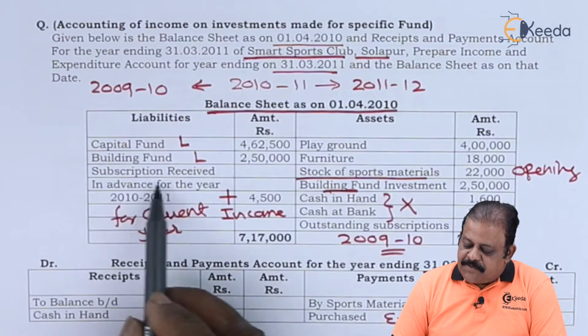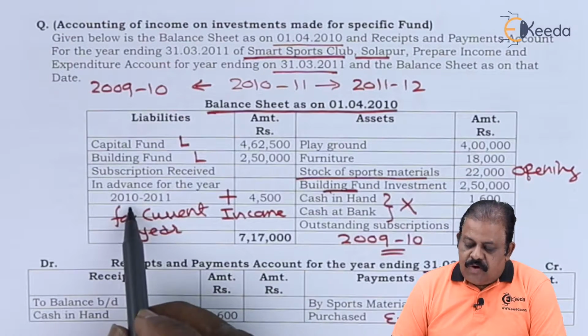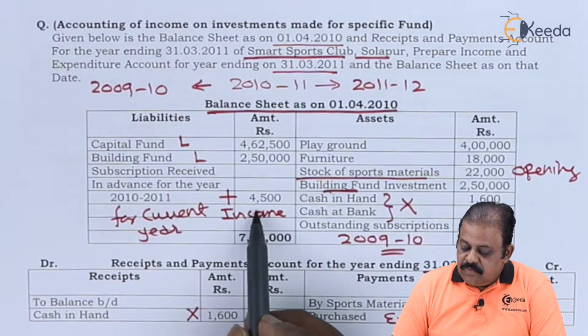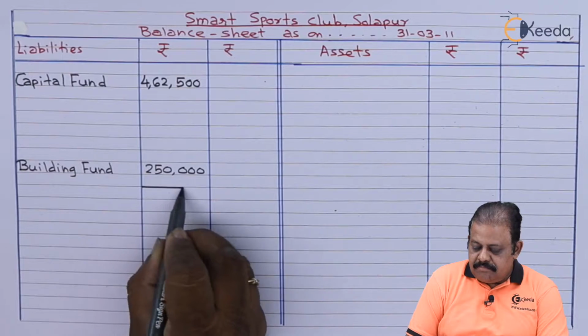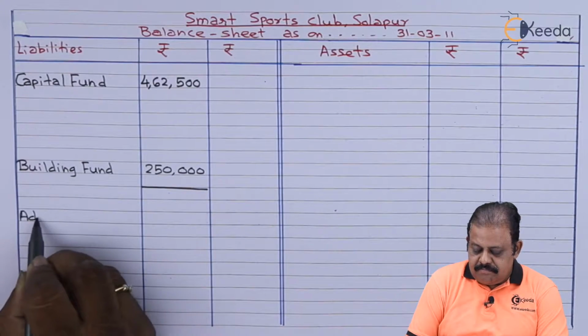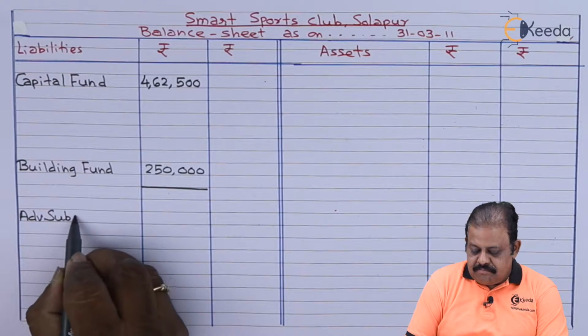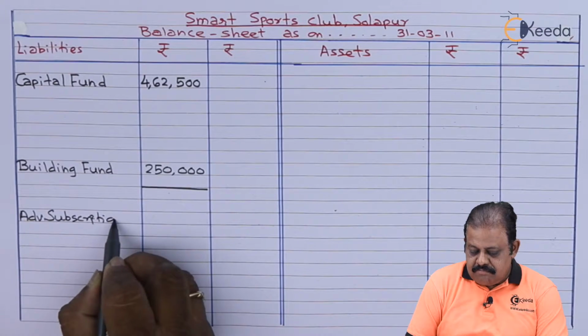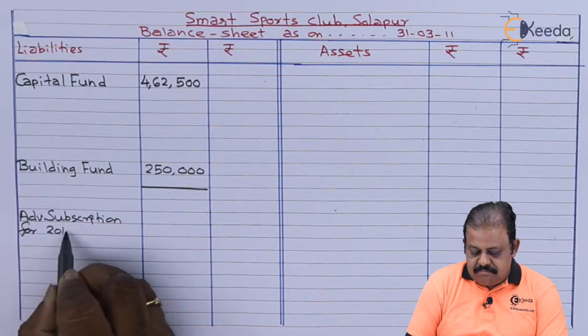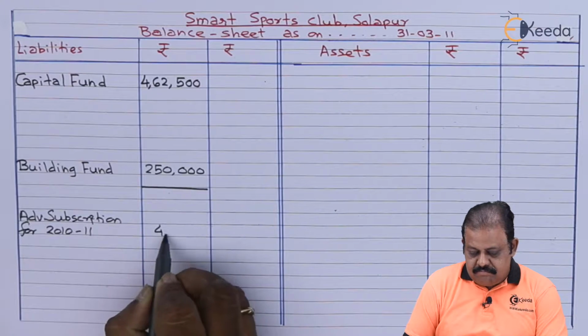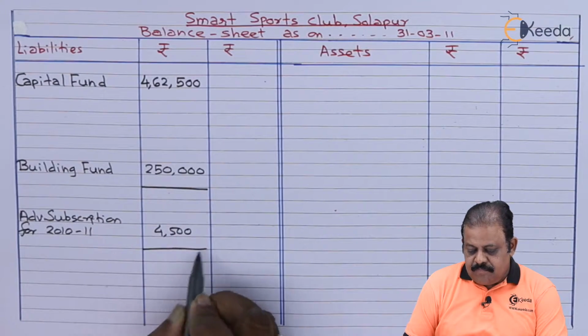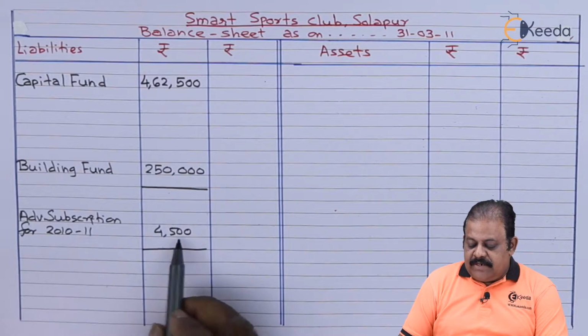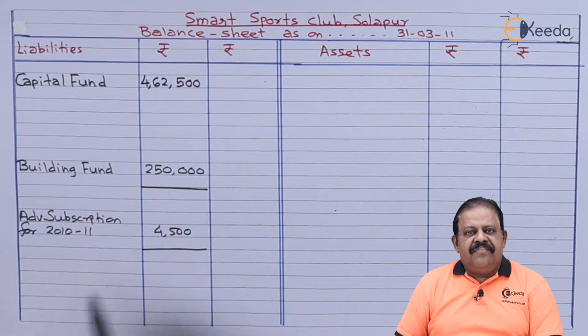Next we have subscription received in advance for 2010-11, 4,500. Advance subscription for 2010-11, 4,500.